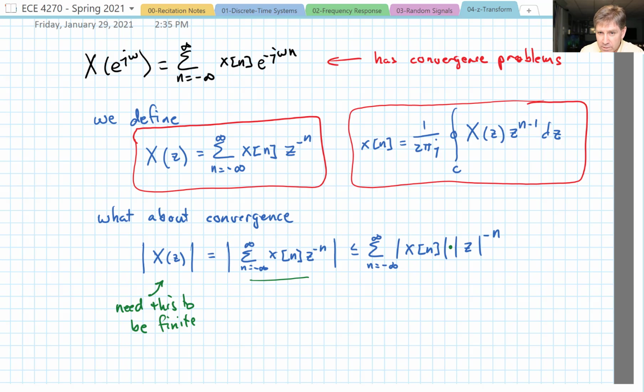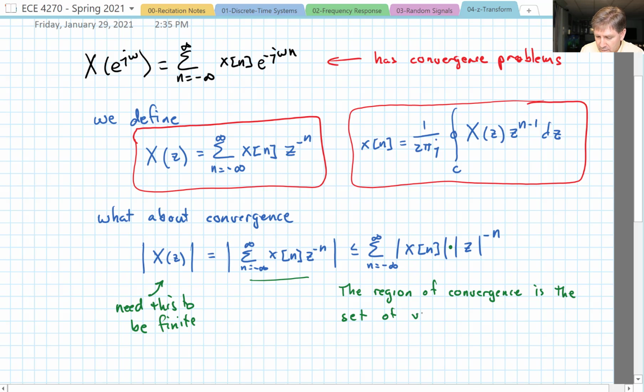So the region of convergence, you will see this in the reading, and we will spend just a little bit of time, as I've talked about, on it. The region of convergence is the set of values of Z such that the original sum converges to something finite.